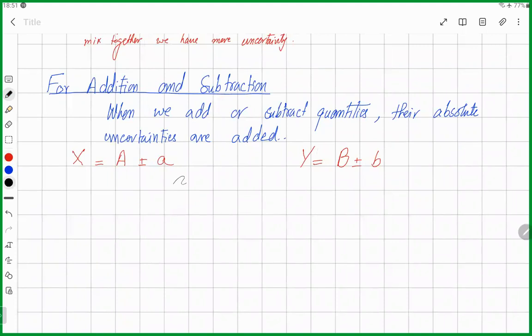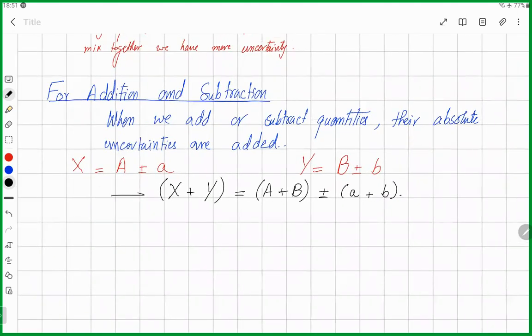Now, in case of x plus y, we have to add a and b to find what x plus y is. But for its uncertainty, we will be adding a's uncertainty and b's uncertainty.